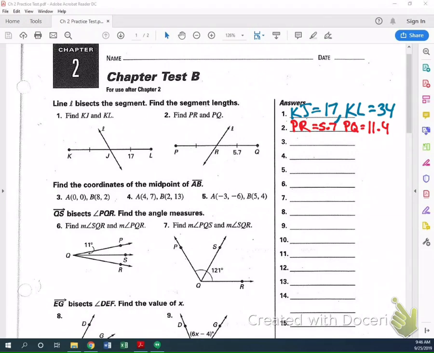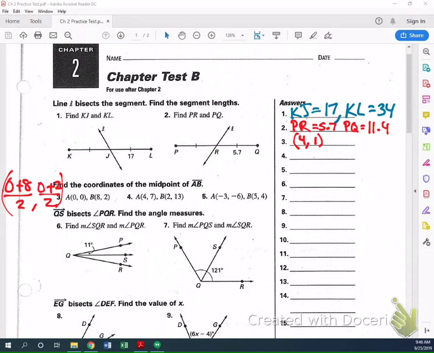All right, next we're finding the midpoint. That's where we add the x's, divide by 2, add the y's, divide by 2, and our answer is an ordered pair. So when you add 0 and 8, you get 8, and when you divide it by 2, you get 4. When you add 0 and 2, you get 2, and you divide by 2, you get 1. And then you can sort of go back and look.